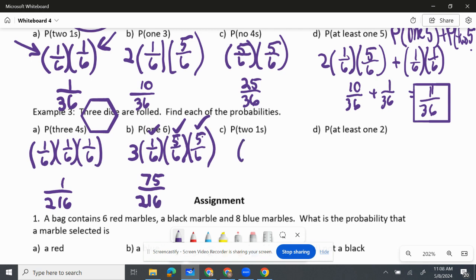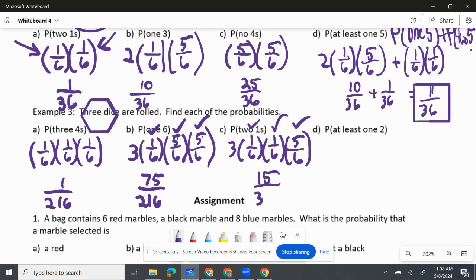That means the first one is a 1, the second one is also a 1, and the third one is not a 1. Once again, we have to figure out how many ways can this happen. The not 1 could be the first or the second, or it could be the third. So once again, there's 3 ways it could happen. So that would be 15 out of 216.